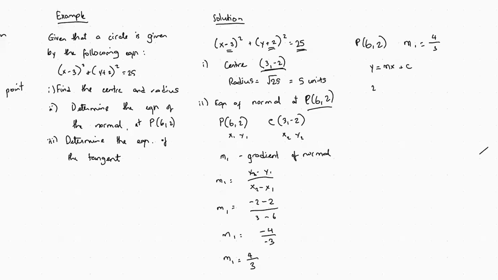So we have 2 is equal to 8 plus c, because 3 into 6 is 2, times 4. So 2 minus 8 is equal to c, so c is equal to minus 6. So we have m1 and c, and we can write the equation of our line: y is equal to 4 on 3 x minus 6.